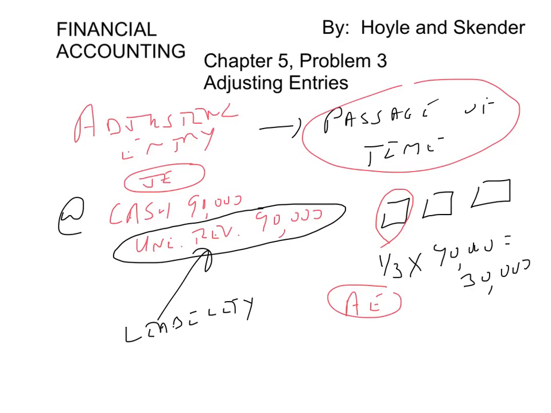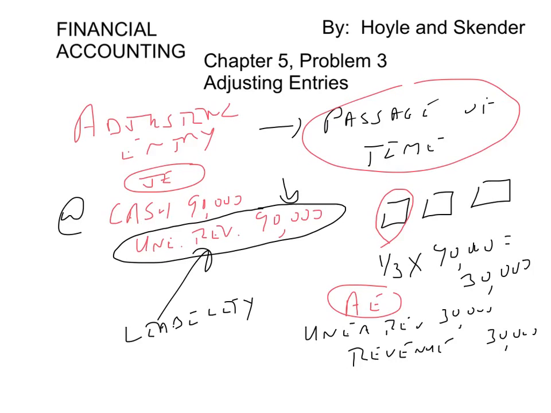We will debit unearned revenue for $30,000, taking it out of this unearned revenue account. It was $90,000 to begin with. It's been reduced by 1/3 or $30,000, and that money has now been earned, and so we'll record a revenue of $30,000.